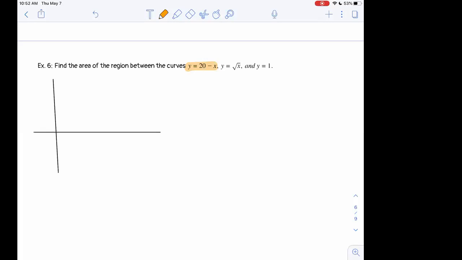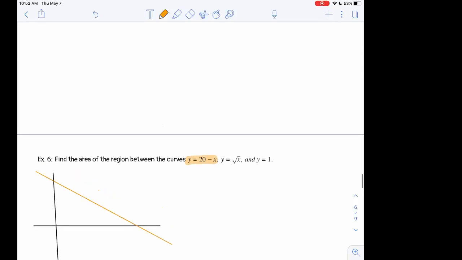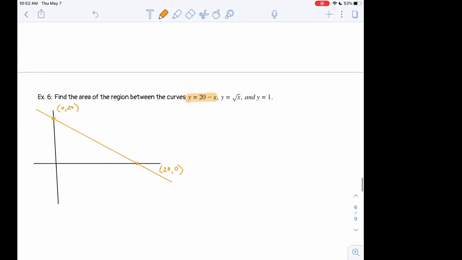So this would be a linear function, and we could draw it like this. We could label some of those points. This one would be (0, 20), and this point would actually be (20, 0), because if I'm going down 1 over 1, down 1 over 1, I'm going to get to the x-axis at 20.